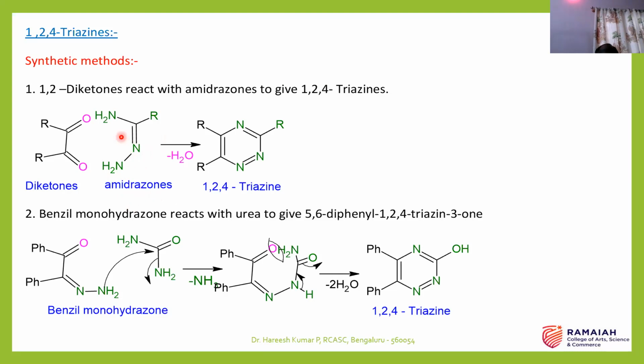So alpha diketones, when treated with amide hydrazones, undergo a condensation reaction. How will it condense? This H2 and this O will go out as water. Similarly, this H2 and O will go out as water, forming a cyclic six-membered ring containing nitrogen at the 1, 2, and 4th positions.